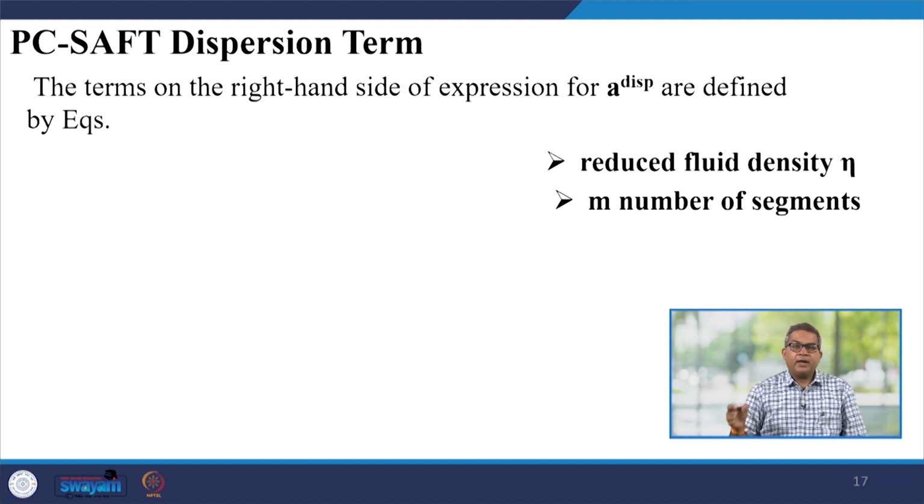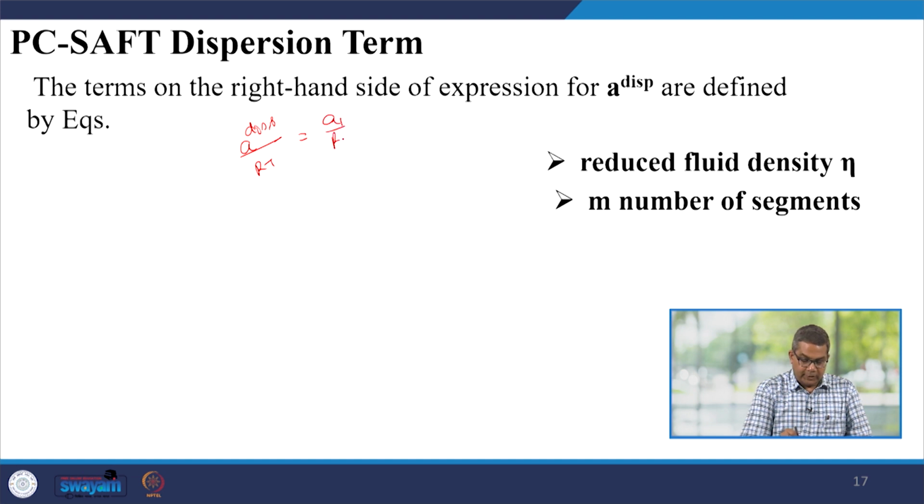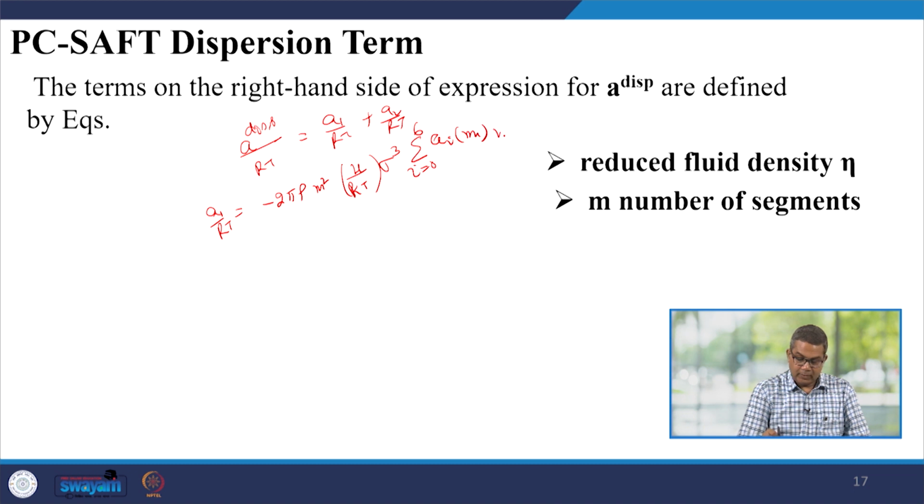Now the terms on the right hand side of the previous equation are defined by the equations: A1 over RT is equal to minus 2 pi rho m squared (u over kT) sigma cubed I1, where I1 is the summation from i equal to 0 to 6 of ai(m) eta to the i.